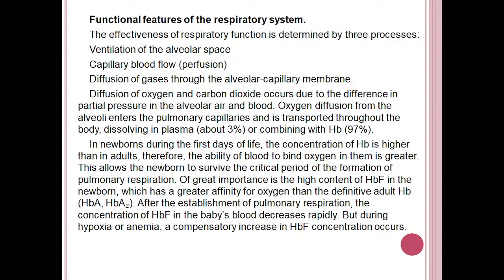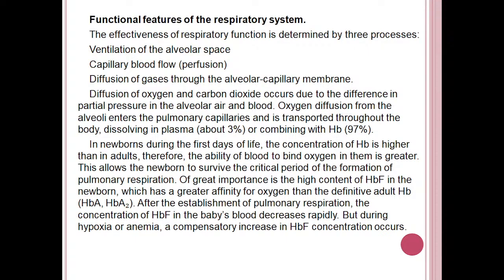Fetal hemoglobin, we can see this hemoglobin in the fetus, and they have a diffusion of gas through hemoglobin F. As adult persons, you have just hemoglobin A and A2.